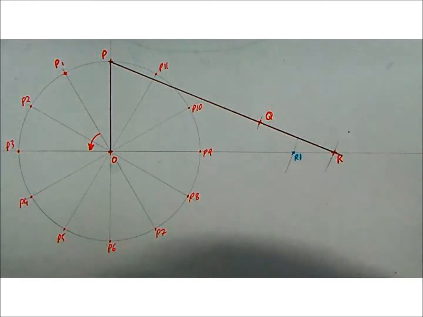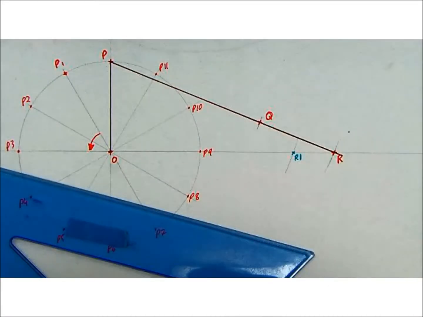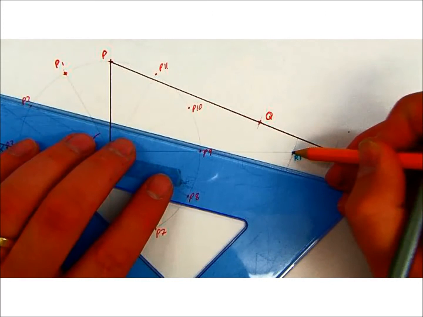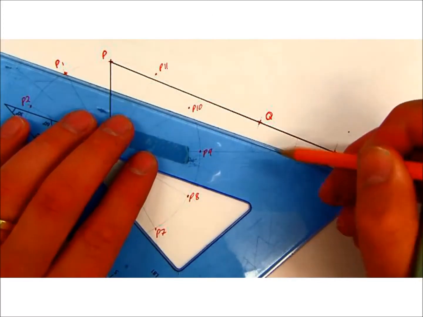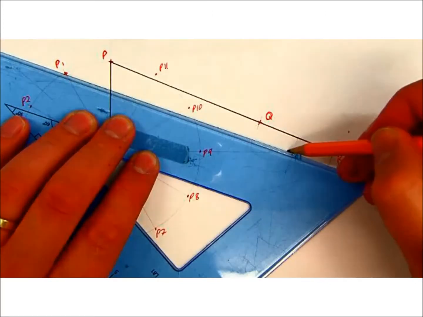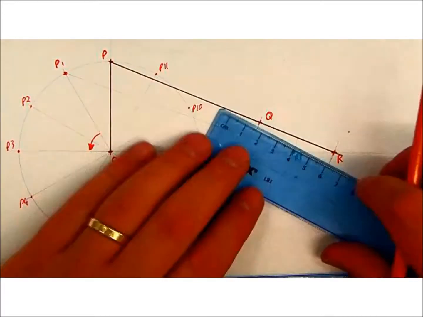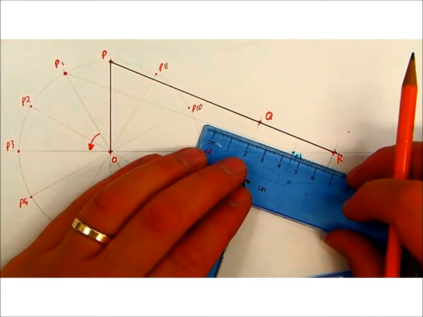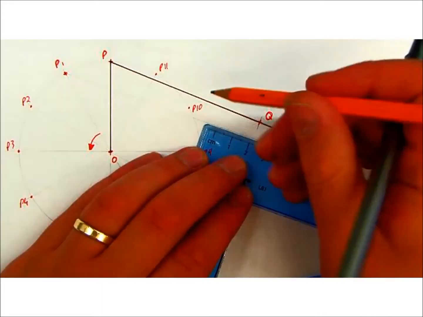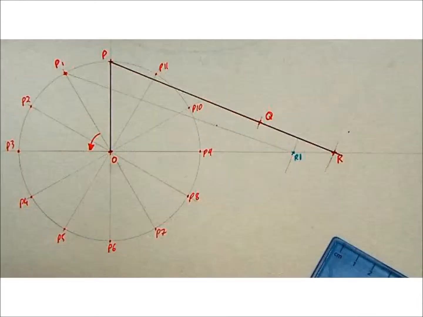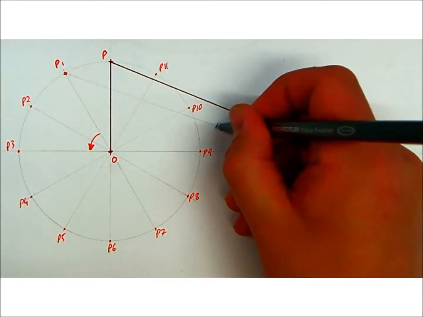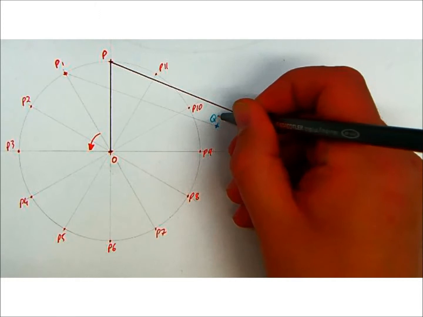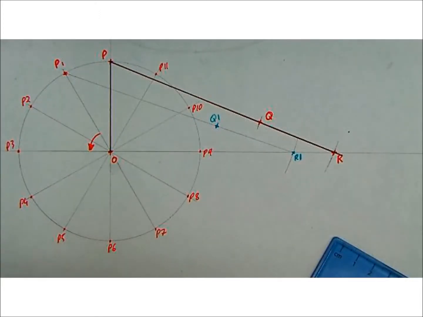Now the locus they want you to find is for point Q. So repeat what you did the first time. You join R back to P, you measure back 45 mil, and that is where point Q is, and it's the locus of point Q you want. So this is Q1. Keep everything nice and light and repeat the process.